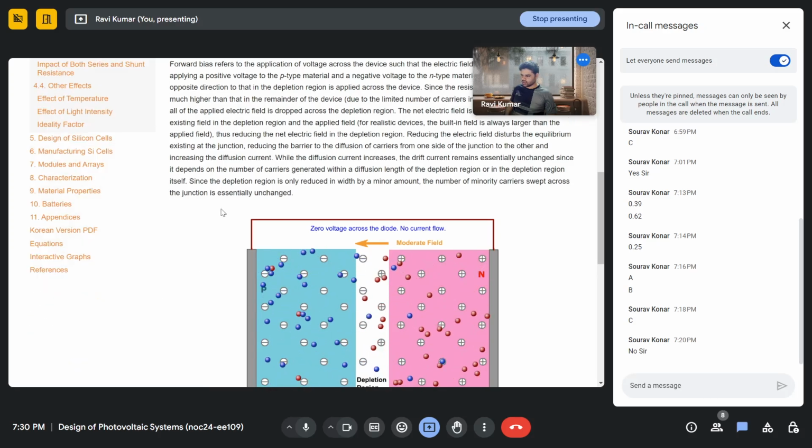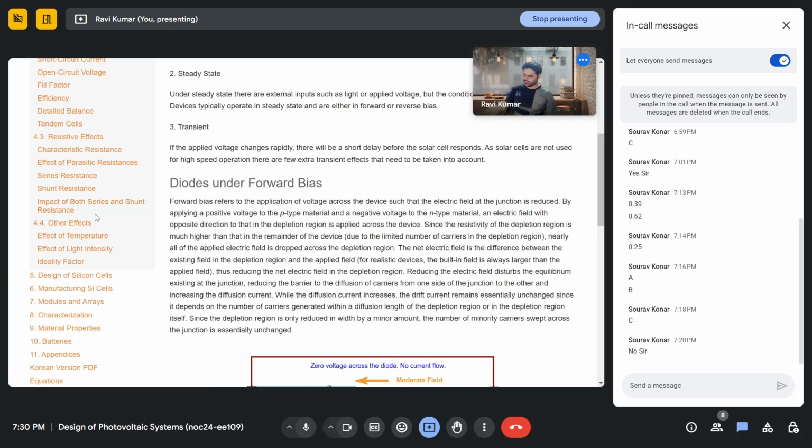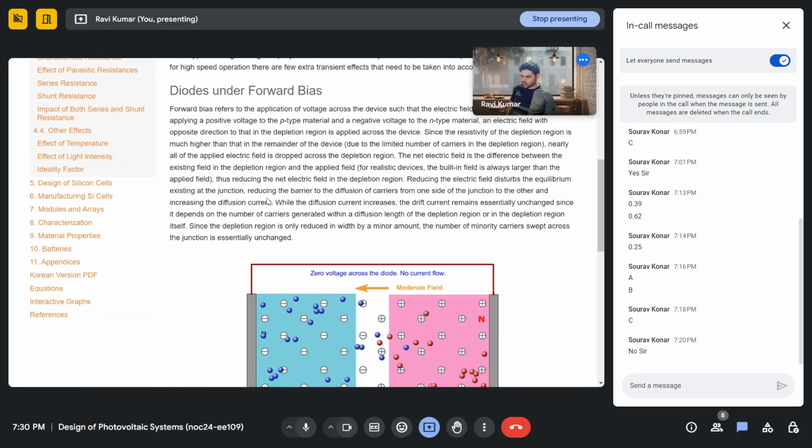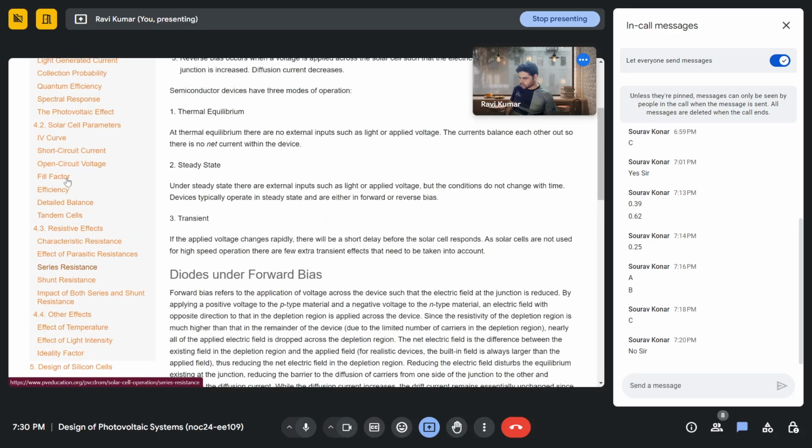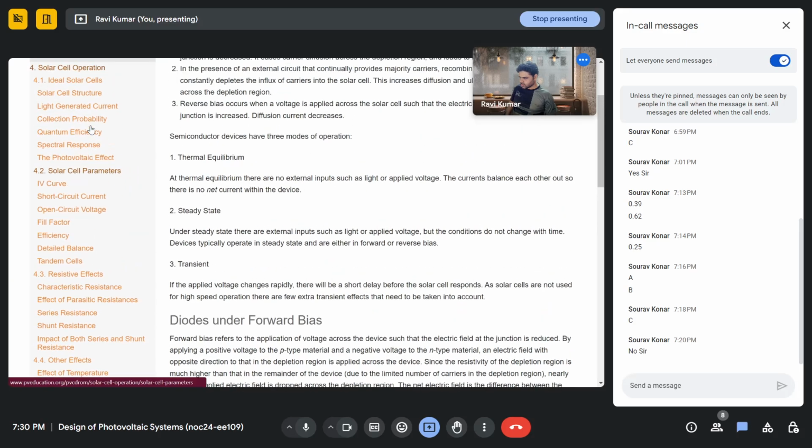Come to the solar cell operation thing. Solar cell operation. So flow from solar radiation.